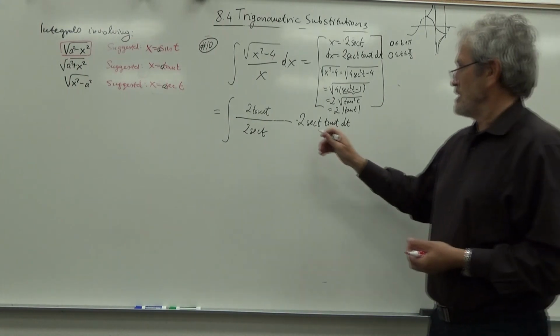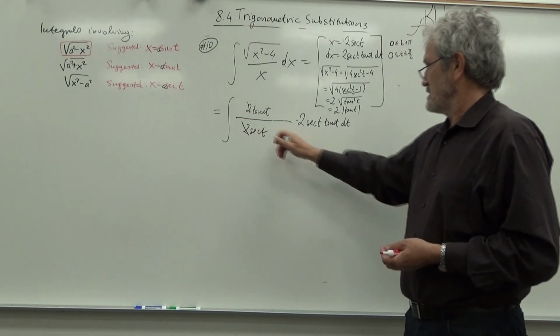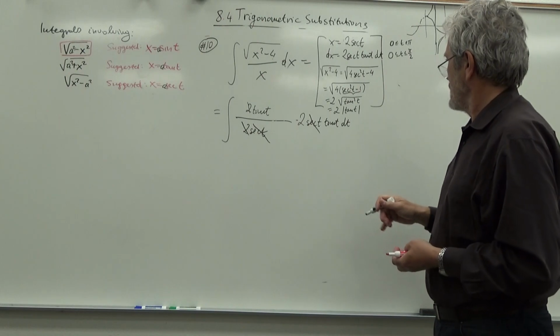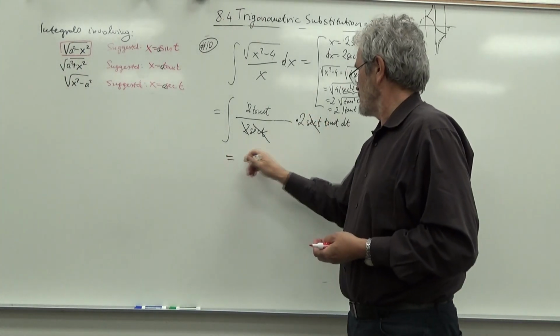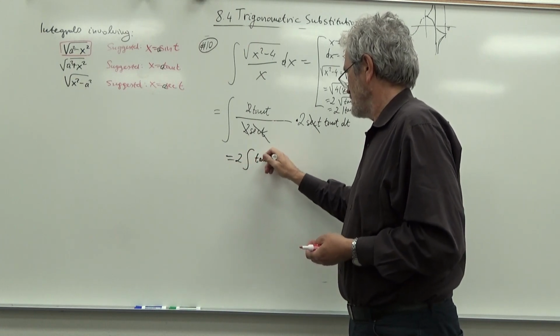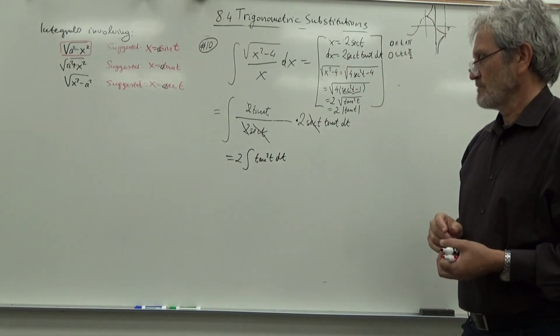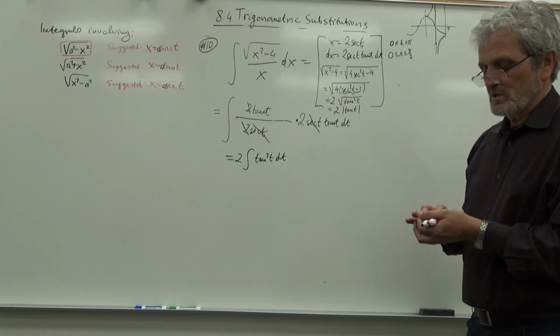And then what do we do? The secant and the secant cancel. So we pull 2 out, and it's the integral of tan squared t. And what do we do here?